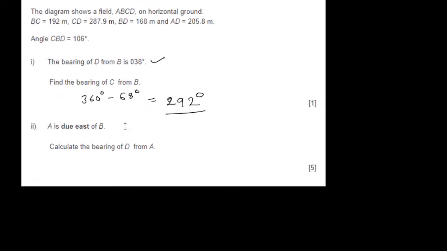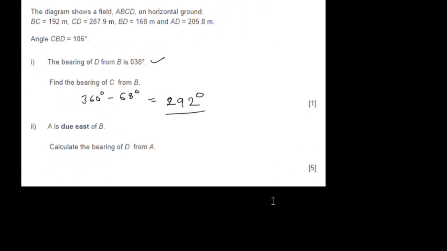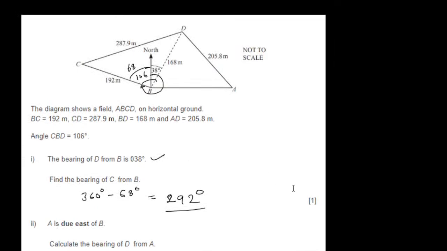Now A is due east of B. So from B we can see that it is in the east direction. Calculate the bearing of D from A. If I draw vertical north like this, I have to calculate this particular angle.